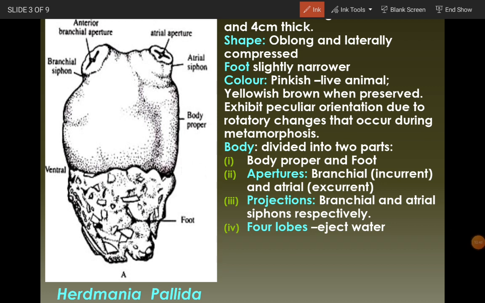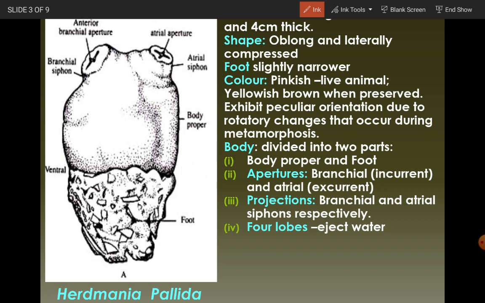Now when we talk about these siphons, the branchial siphon is smaller, around 1 centimeter in length, and it is directed outwards, holding the branchial aperture.